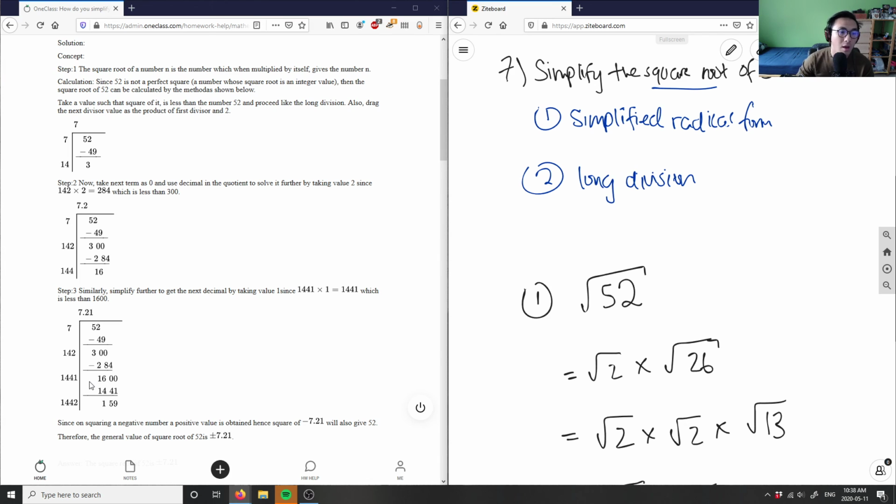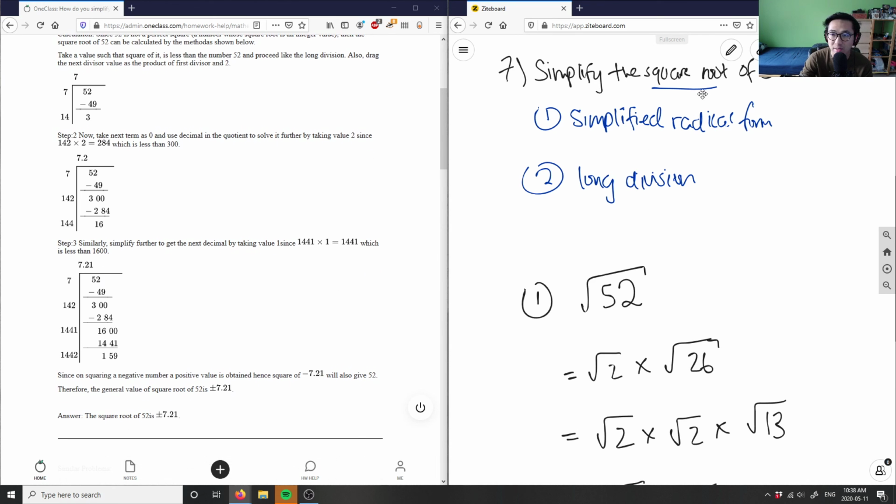Then I do the long division step again. In this case, 1 is my only correct answer, just because I can't fit any more 1400s and 40-somethings into 1600. So 1 here and 1 here would give me 1441. Subtract that, I get 159. And here is when I stop, because I have 2 decimal places. So therefore, this here is my answer. It's plus or minus 7.21.